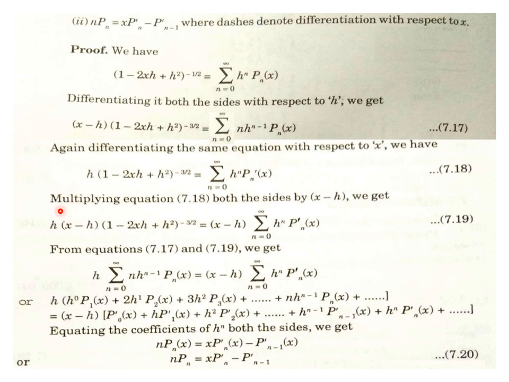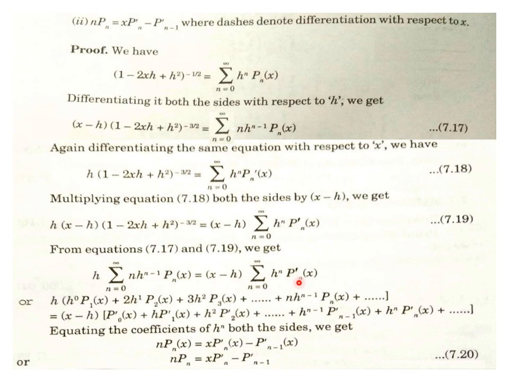So that particular part of 7.19 can be replaced by the right hand side of 7.17, as you can see, by combining equations 7.17 and 7.19 together. We get h into that part replaced with that sigma. So sigma n equals 0 to infinity of n h to the power n minus 1 Pn(x) equals the same right hand side of 7.19.